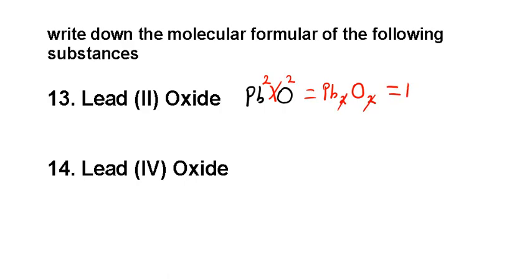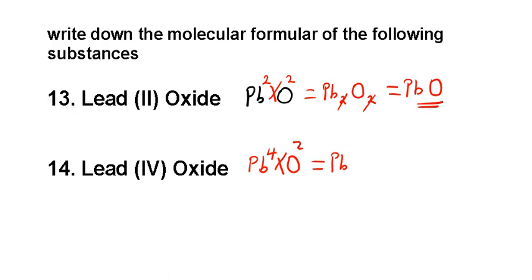So let's quickly look at lead(IV) oxide. That is Pb with a valency of 4, then oxygen is 2. So with crisscross, we're exchanging the valency. We now have Pb2 and oxygen 4.